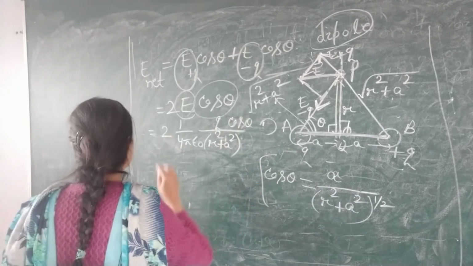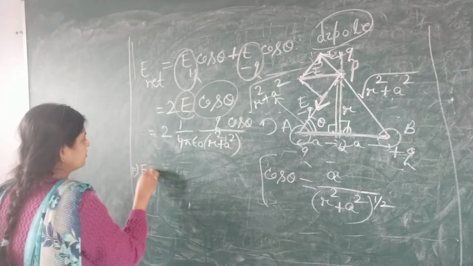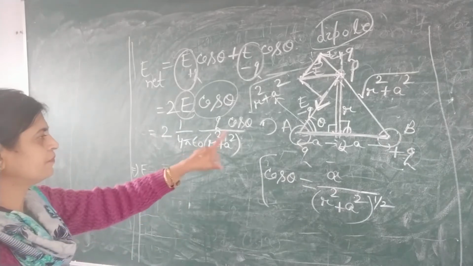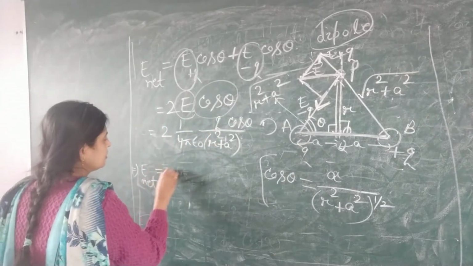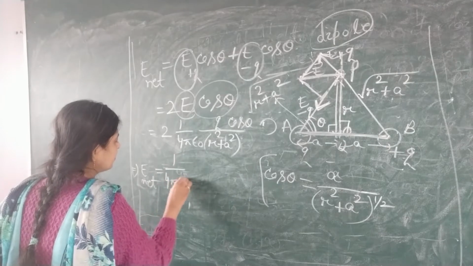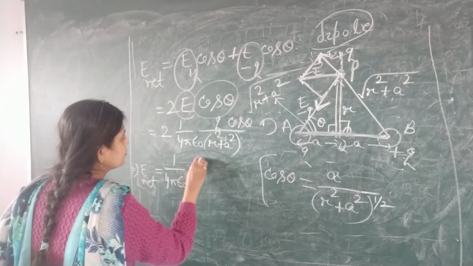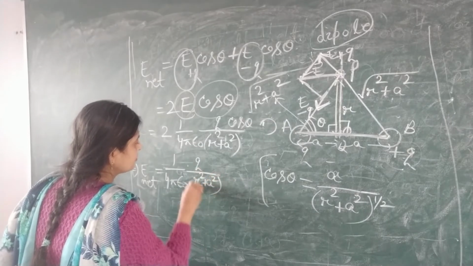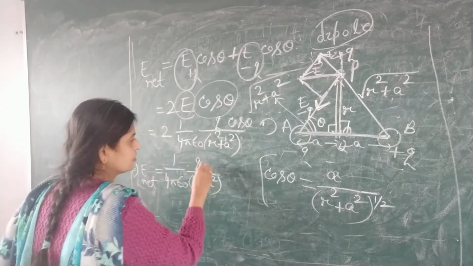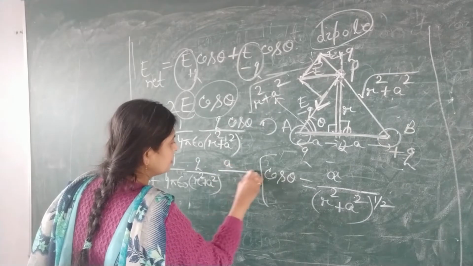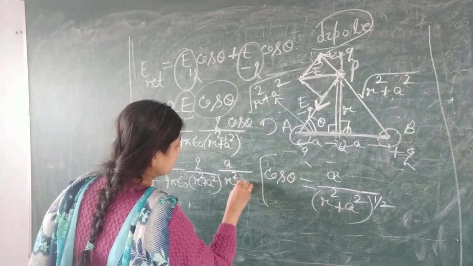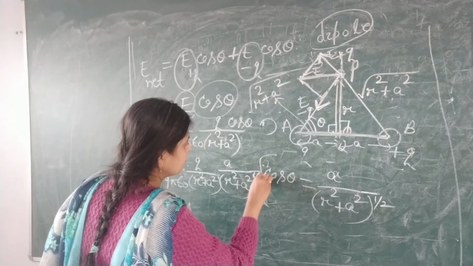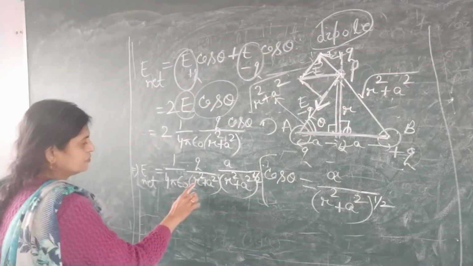Now put the value of cos theta. So E net, the electric field on the equatorial line, is equal to 1 by 4 pi epsilon naught into q divided by r square plus a square, into a divided by r square plus a square power 1 by 2.